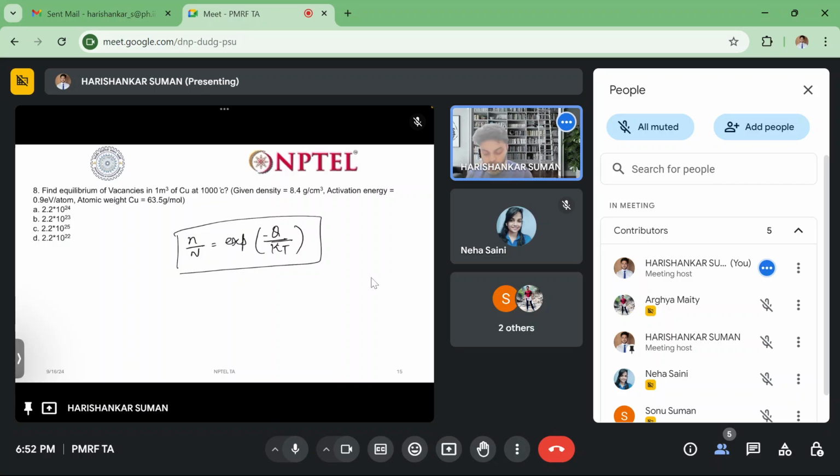Please find the equilibrium vacancies. You can take 10 minutes for this question.